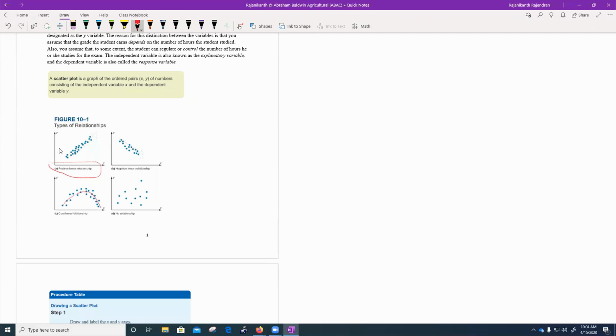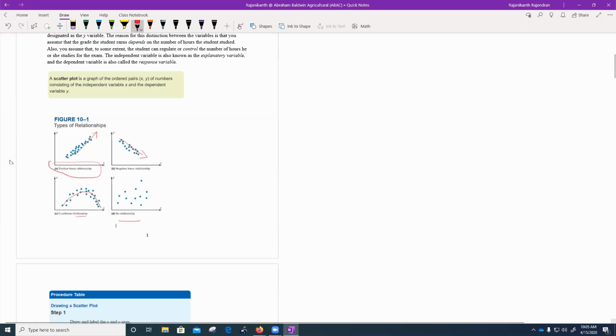But anyway, we have the relationship, but in terms of some curve, which is called a curvilinear relationship. And if all the data points are scattered everywhere, so no relationship between points, this is called no relationship actually. So it is randomly scattered.